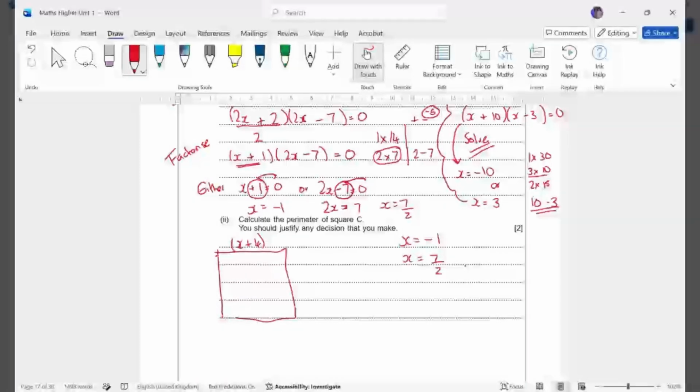Well, we can't use both. If you ever get a part C in one of these questions, ignore the negative answer. It doesn't make sense. So I think quite a lot of you would realize that half of 7 is 3.5. So each side of the square is 3.5 plus 4, which is 7.5.